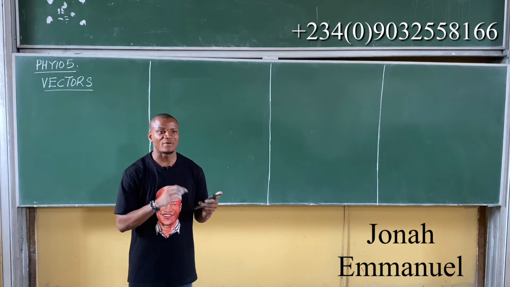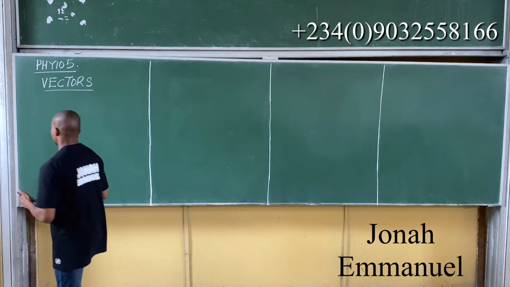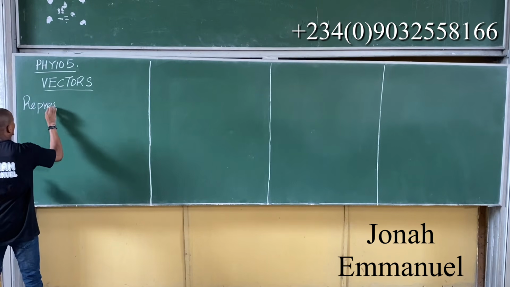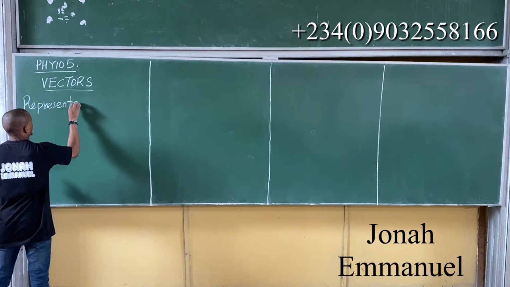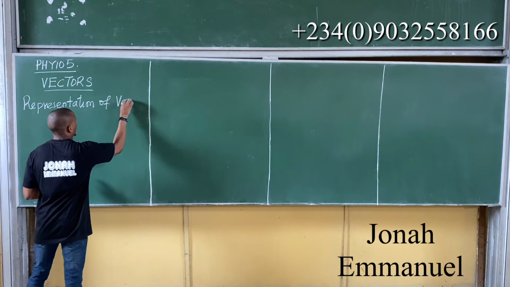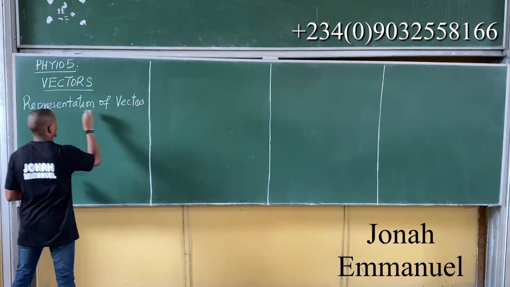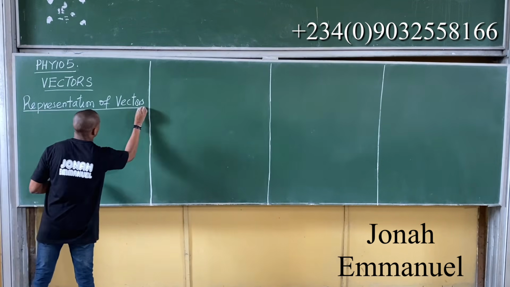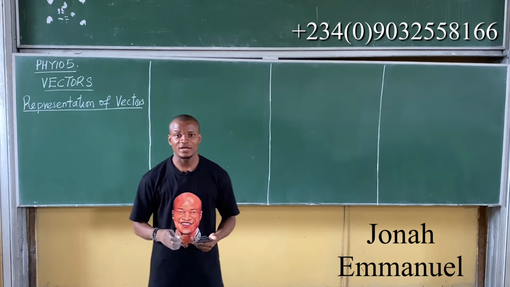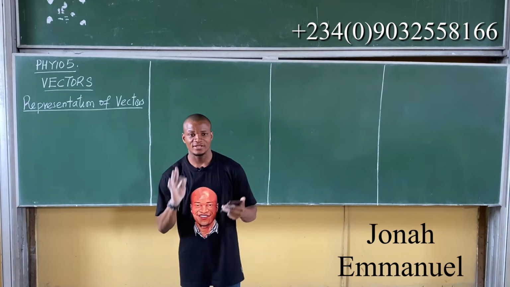Let's look at the representation of vectors. So how do you represent vectors? Basically, there are four ways of representing vectors.